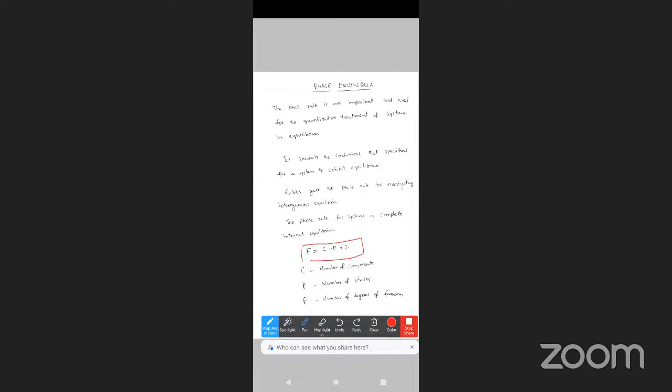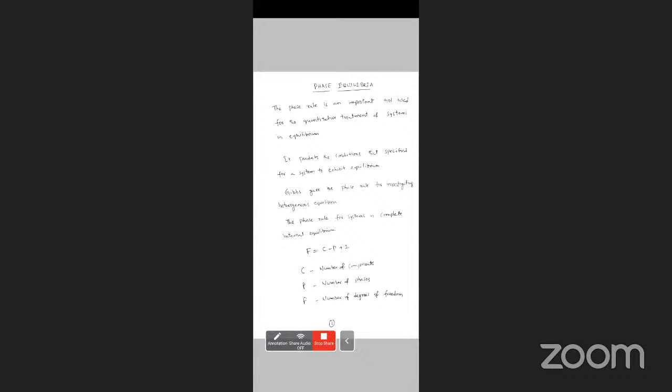This is the equation of Gibbs phase rule. F equal to C minus P plus 2. You know very well, it's a familiar equation. That is Gibbs phase rule, which is applicable for equilibrium, which are the phase equilibrium. And in this equation, try to remember the terms.